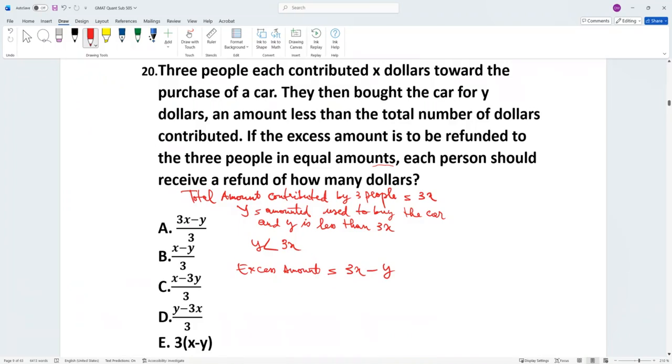So in order to find that, we have to divide the excess by 3, so each of the 3 people will get an equal amount.